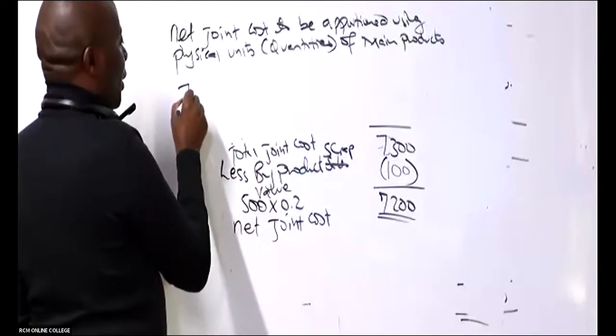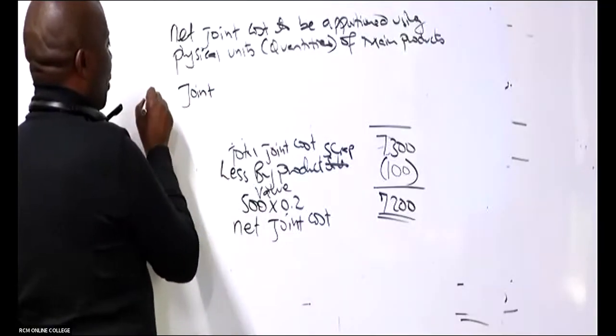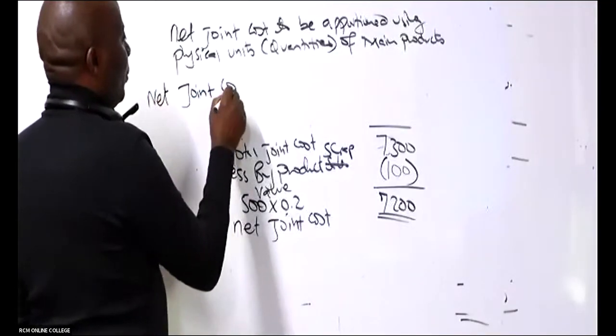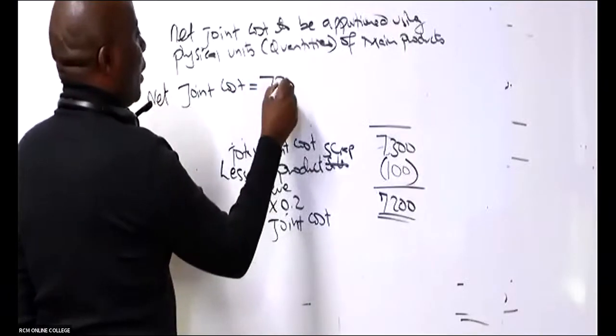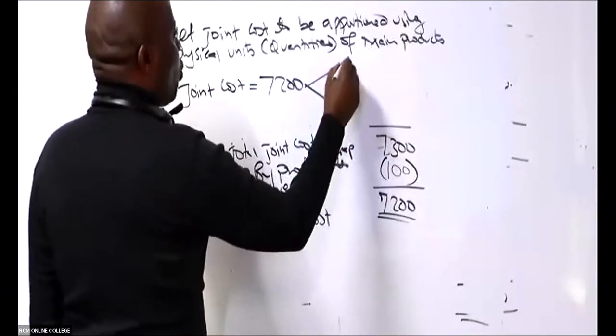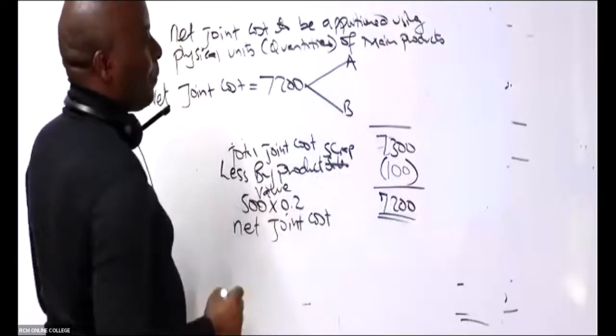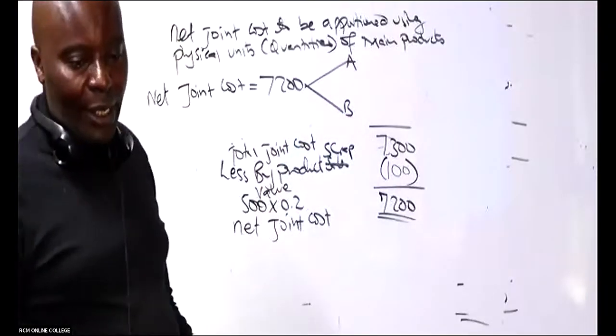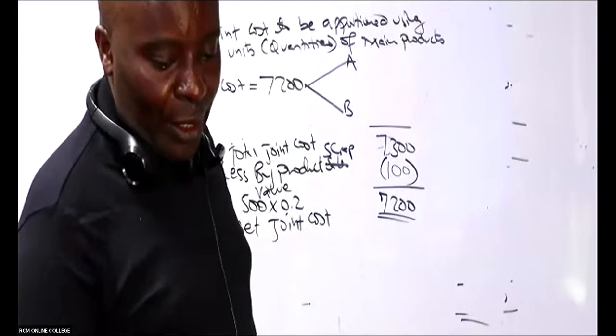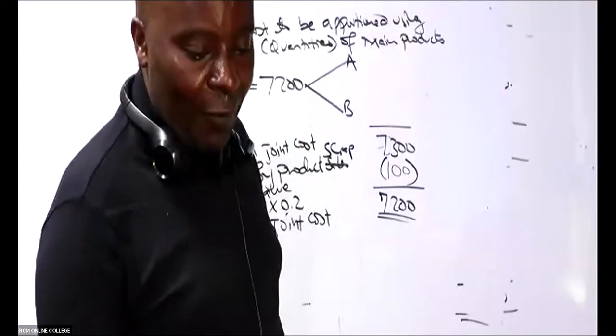So we have our net joint cost, which is 7,200. We have two main products, A and B. Do we have their physical units?